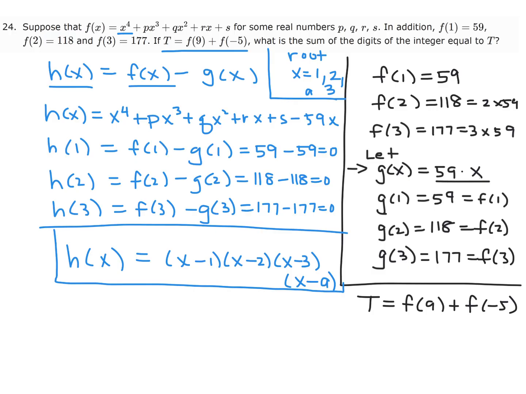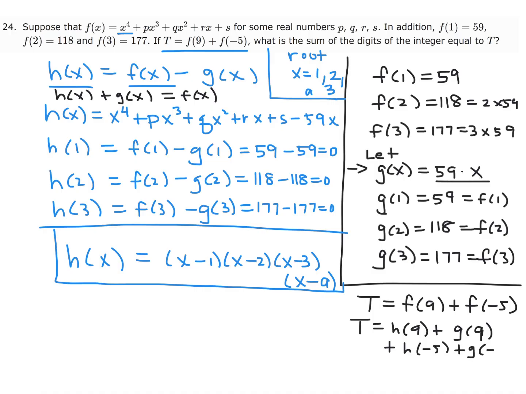And h at x plus g at x is equal to f at x. Correct? So that basically means that t is equal to h at 9 plus g at 9 plus h at minus 5 plus g at minus 5.